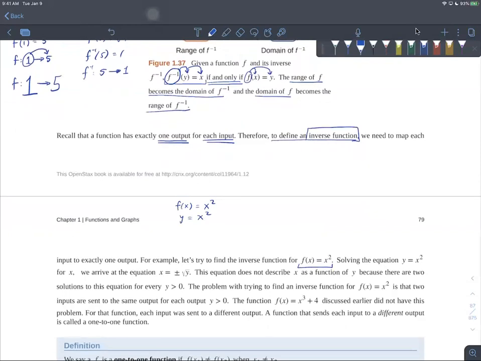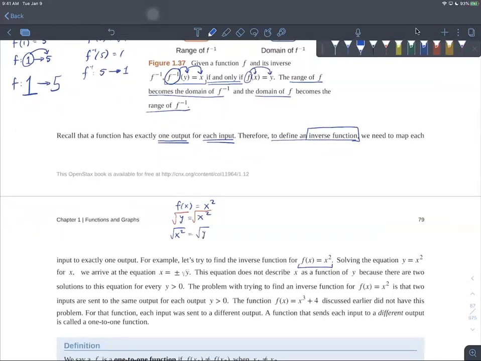Well, what we would do is we would take the square root of both sides. And I'm going to flip things around here. So we have the square root of x squared is equal to the square root of y.